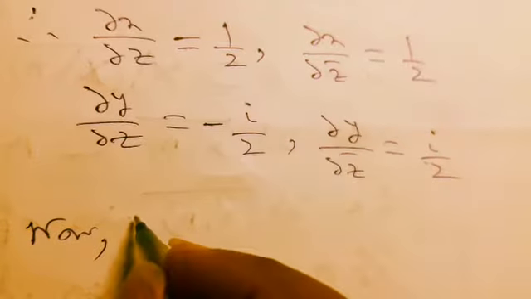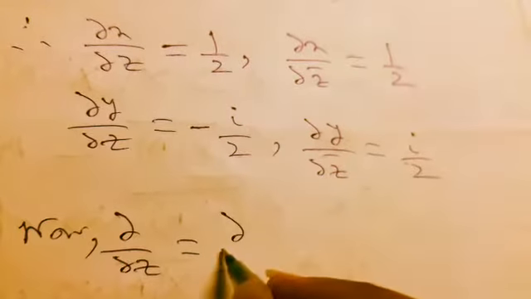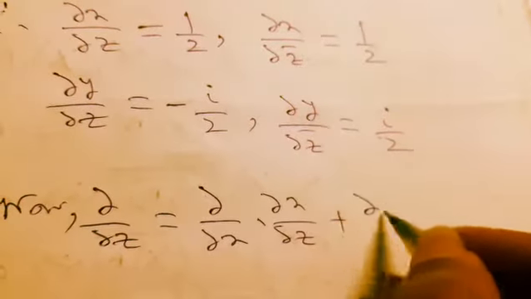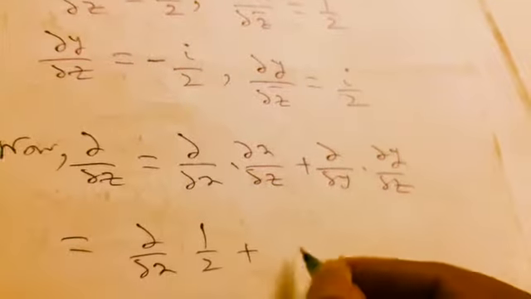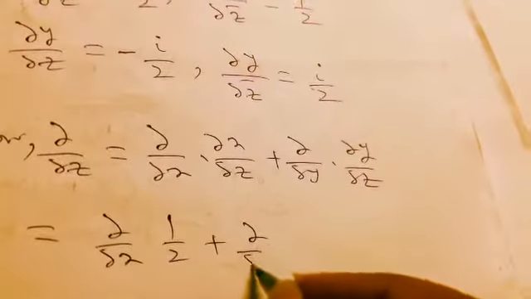Now we are using the chain rule. We have to follow ∂/∂z using this operator, and it will be, by chain rule, ∂/∂x · ∂x/∂z plus ∂/∂y · ∂y/∂z. Now substituting this value, ∂x/∂z will be half, plus ∂y/∂z, it will be minus i by 2.